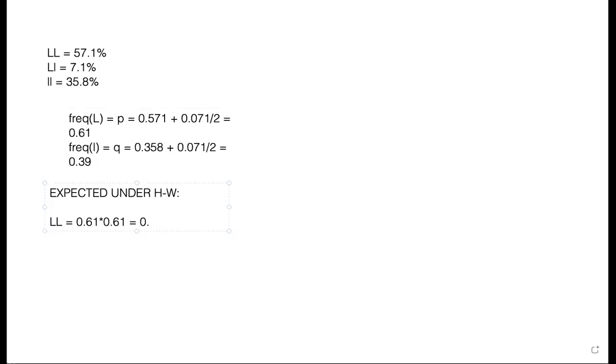What's 0.61 squared? 0.37. Okay. All right. If we were in Hardy-Weinberg, then the frequency of heterozygotes would be 2 times 0.61 times 0.39, which would be about, I should have just rounded off to 0.6 and 0.4 because I can do that in my head, which would be about 0.48. And it happens to be 0.48.